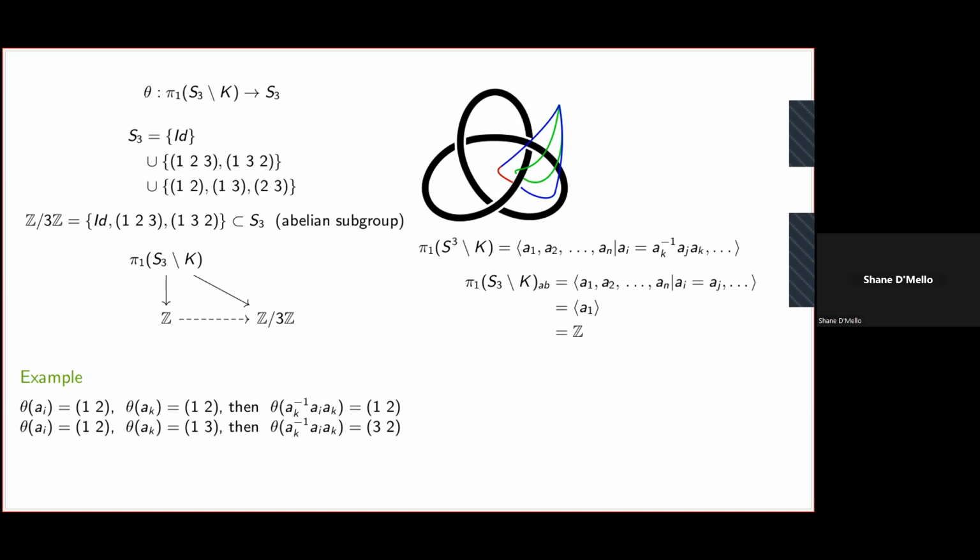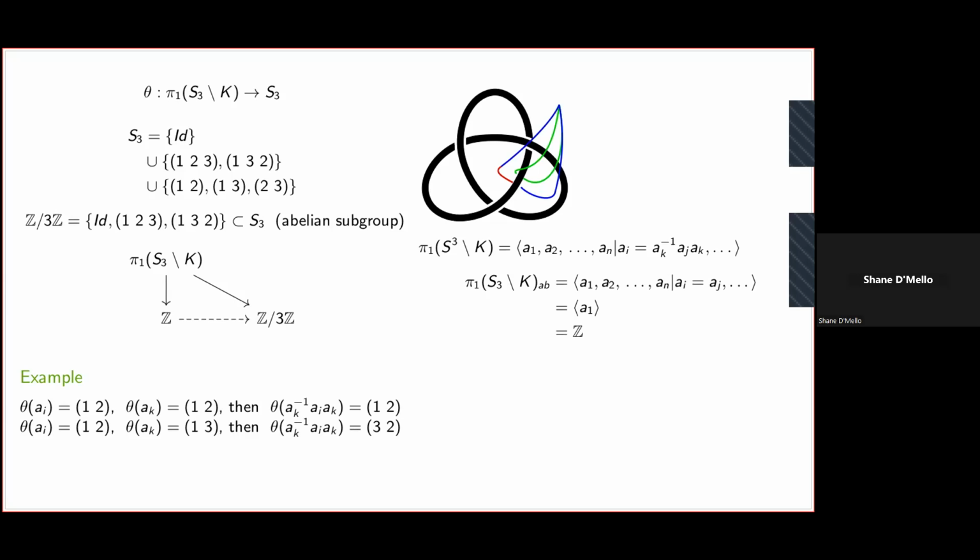Okay, so this gives rise to the useful homomorphisms from pi1 of the complement to the symmetric group S3, right?